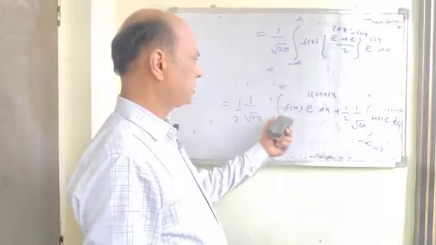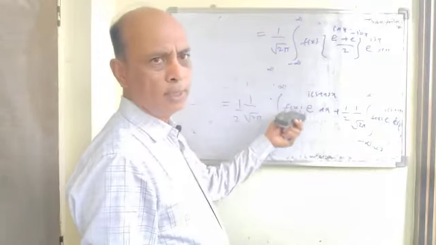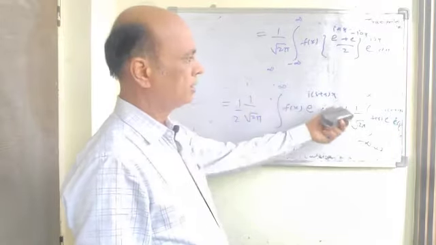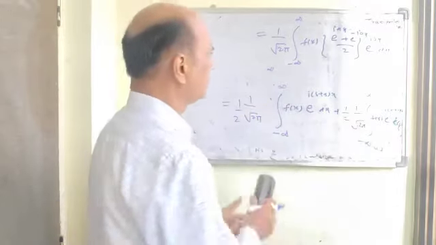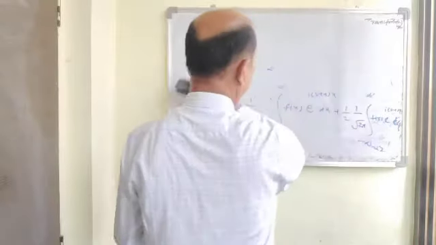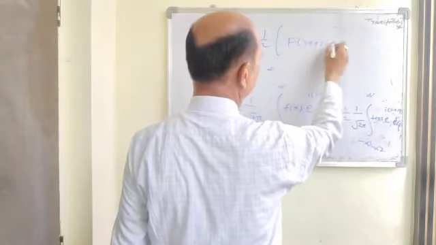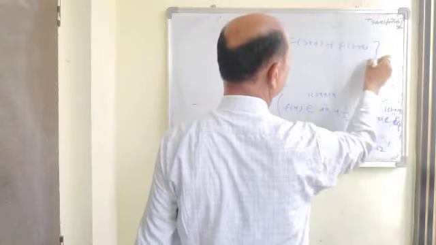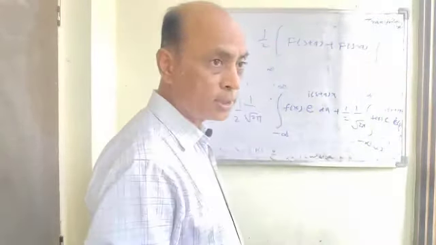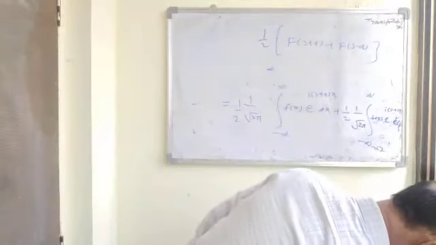So what will this be? This is nothing but F of s plus a, and this is F of s minus a. So therefore you can write that this is equal to half into F of s plus a plus F of s minus a. So this is known as the modulation theorem.